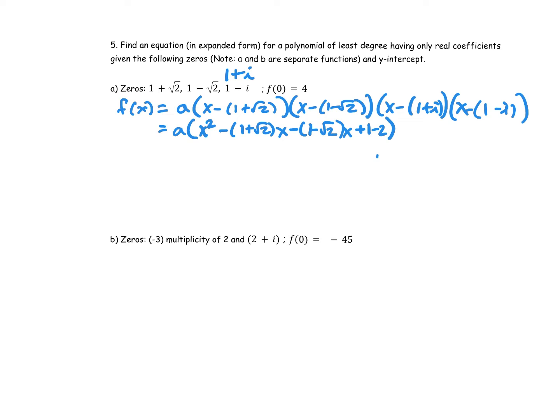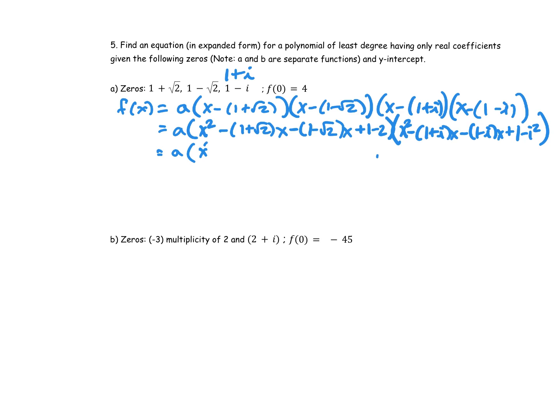And then for the imaginary, I'm going to get x squared minus 1 plus i x minus 1 minus i x. And then multiplying the negative quantity 1 plus i times the negative quantity 1 minus i, I'm going to get plus 1 minus i squared. And I'll deal with the i squared next line. All right, so this is a.